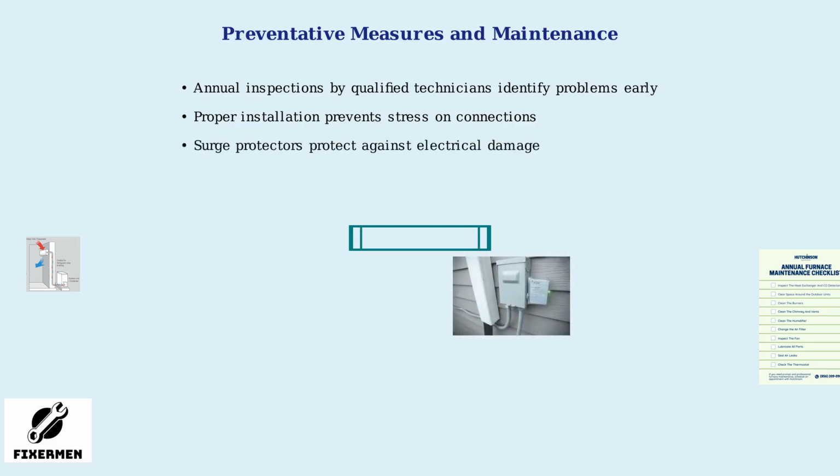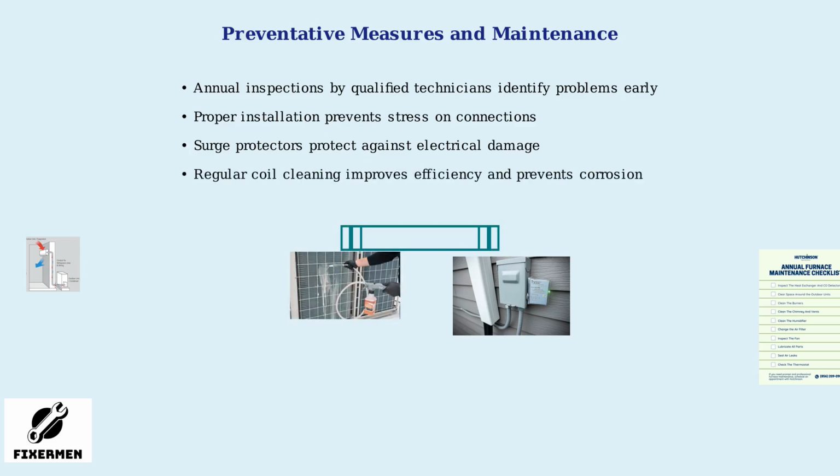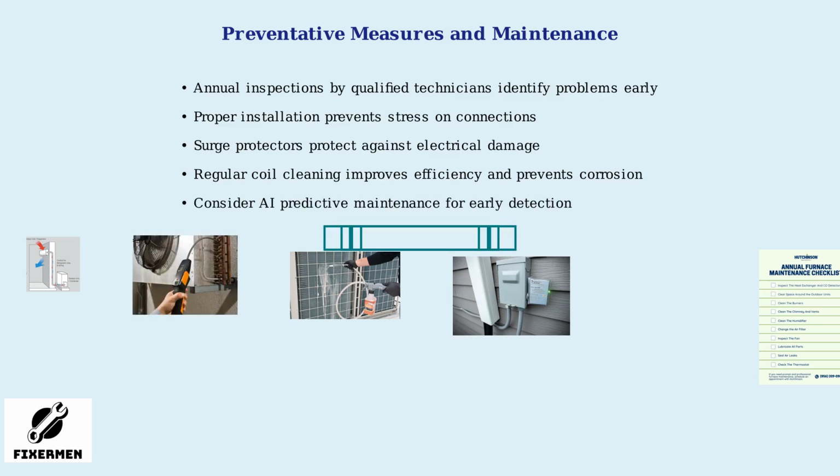Consider using surge protectors to safeguard against electrical issues that can damage components and lead to refrigerant problems. Regular cleaning of coils improves efficiency and prevents corrosion that can cause leaks. Predictive maintenance via AI is becoming more common, so consider using smart systems that monitor for early signs of issues. These preventative measures can significantly extend the life of your mini split system and reduce the risk of expensive repairs.